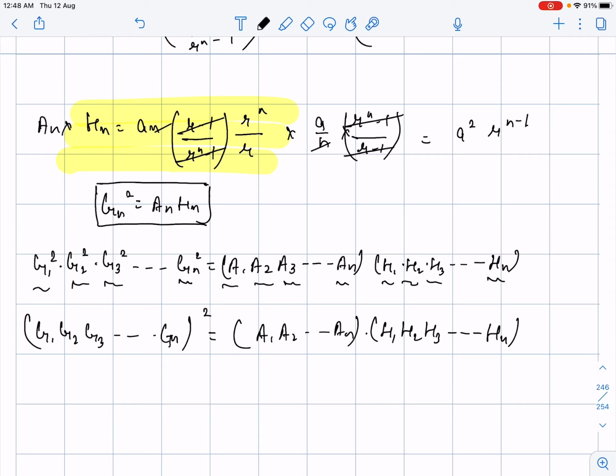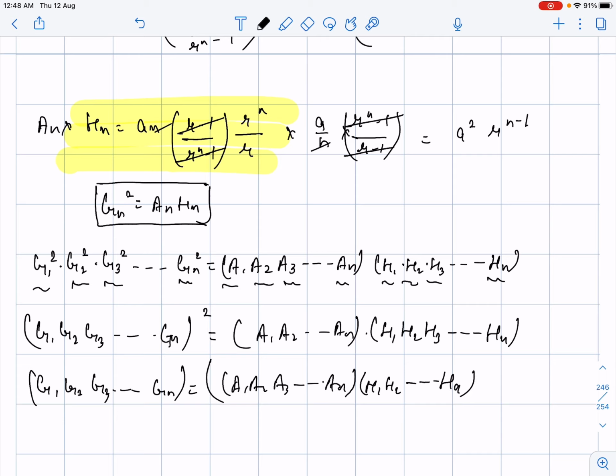And then we take the square root on both sides. G1 dot g2 dot g3 goes on up to gn becomes a1 dot a2 dot a3 goes on up to an multiplied by h1 dot h2 dot h3 goes on up to hn, whole to the power 1 upon 2.